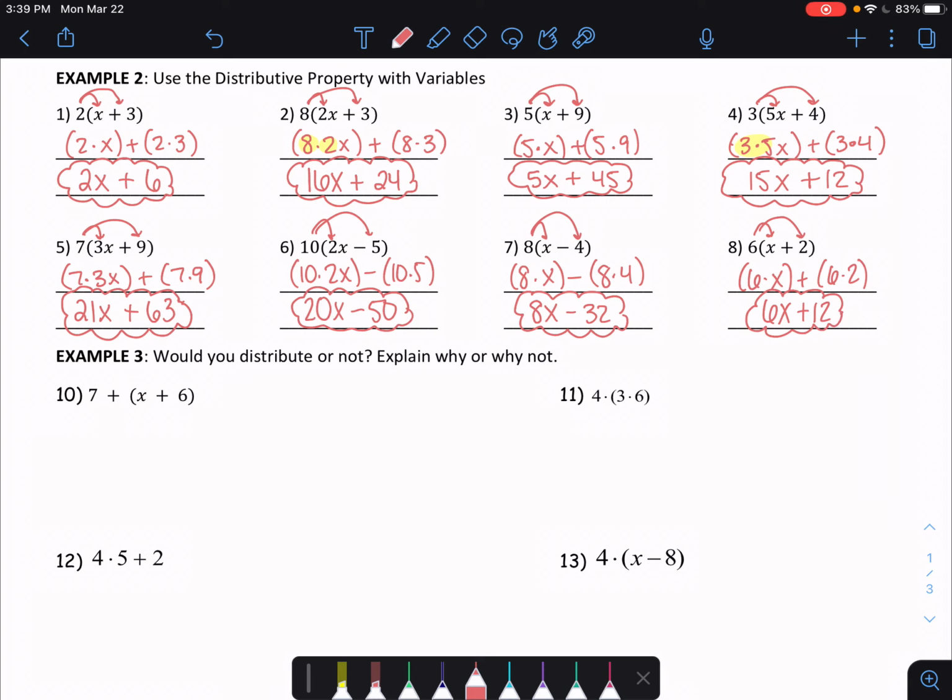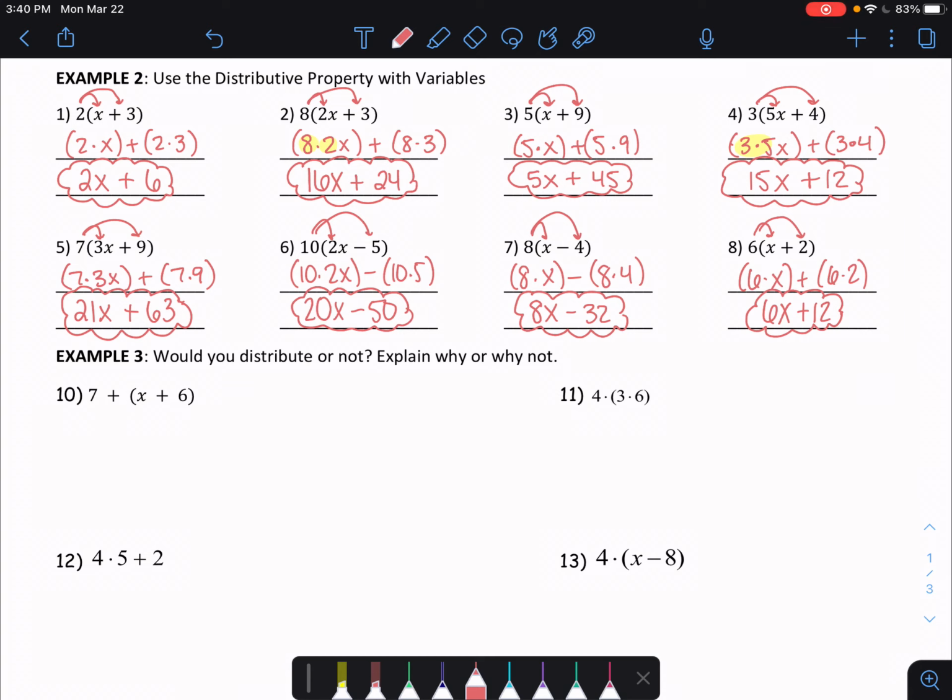Okay, so this is using the distributive property now with variable expressions. Now in the next example, we're going to talk about whether or not you should distribute. So what does it look like when you're supposed to distribute versus what does it look like when you're not supposed to distribute? Now remember, with the distributive property, we have a number outside of our parentheses that is being multiplied.